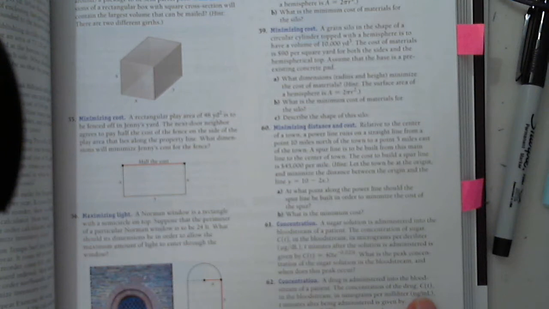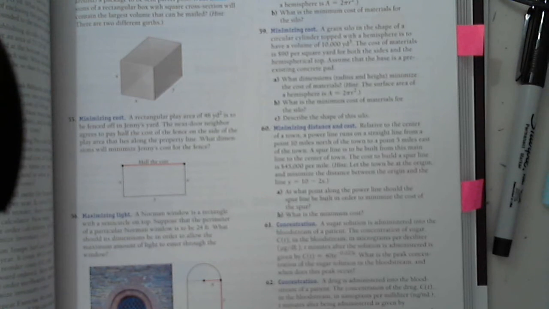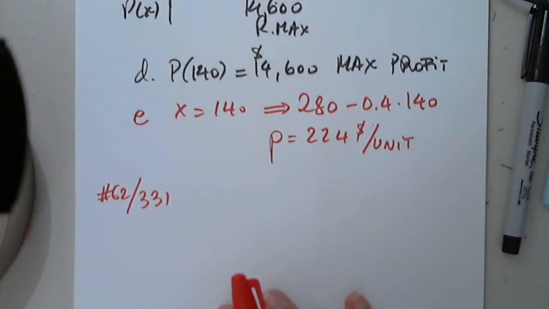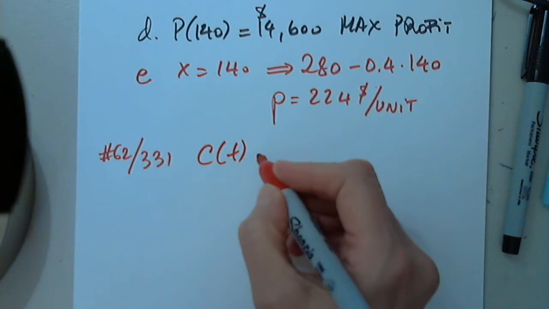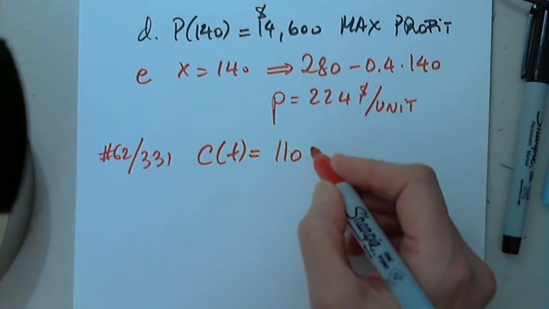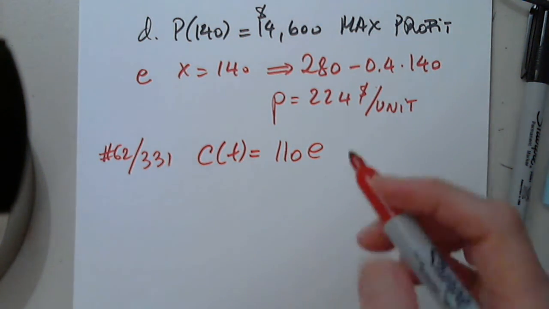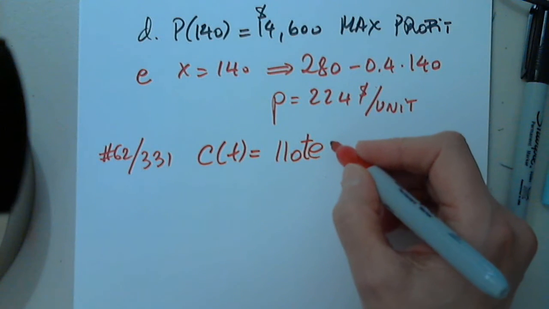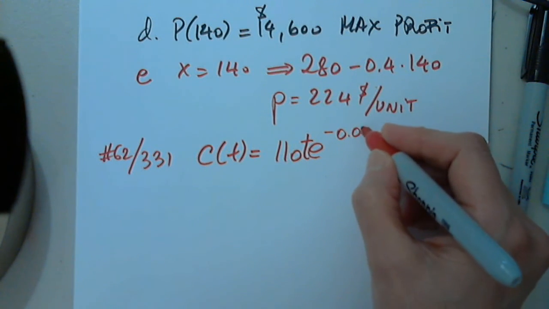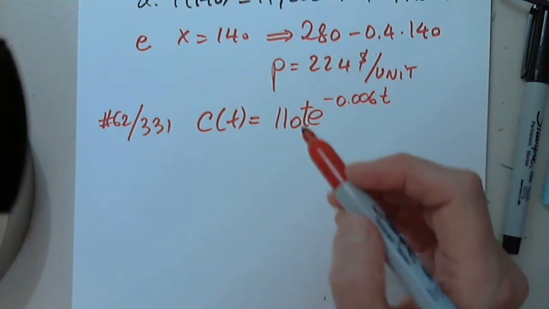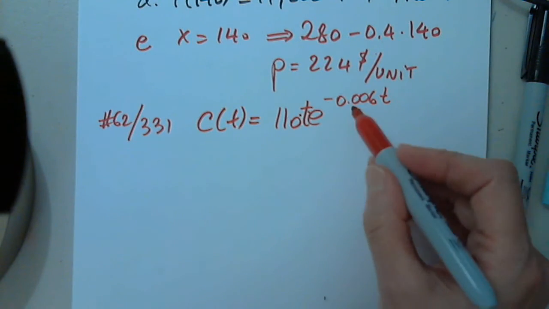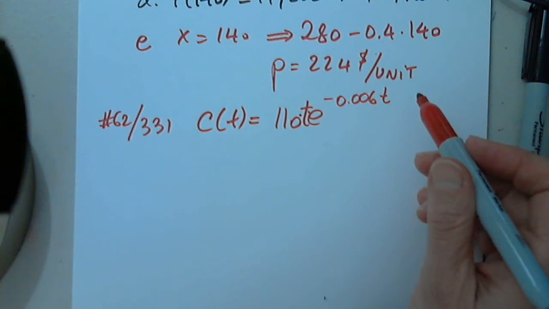The concentration of the drug, C of T, in the bloodstream in nanograms per milliliter, T minutes after being administered is given by C of T equals 110 T e to negative 0.006 T.